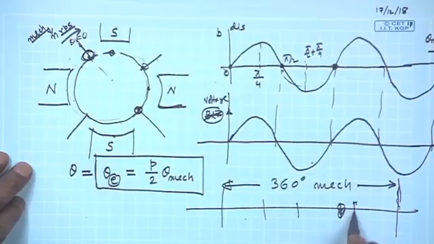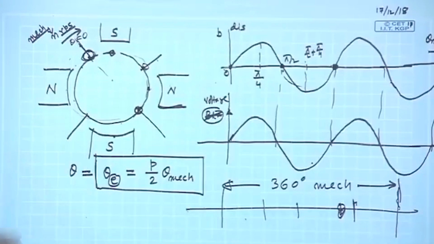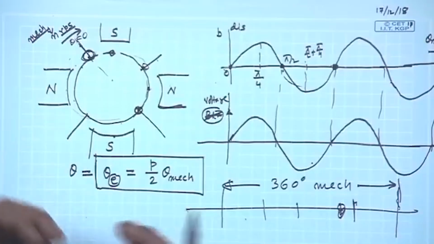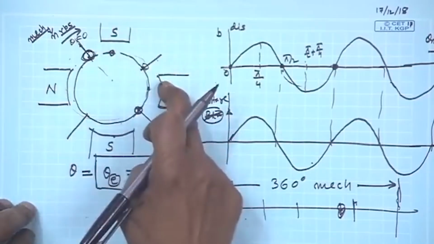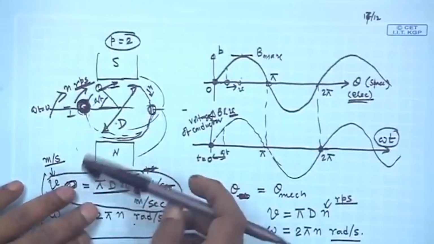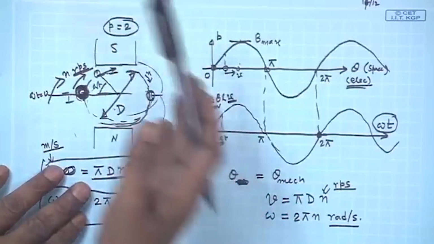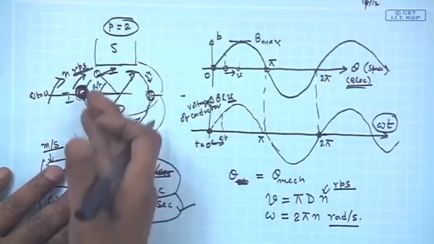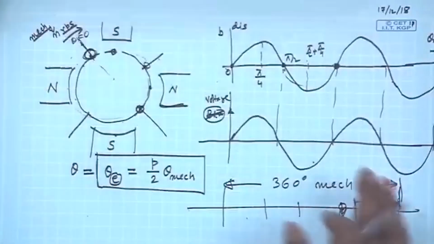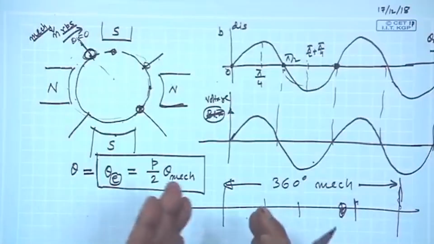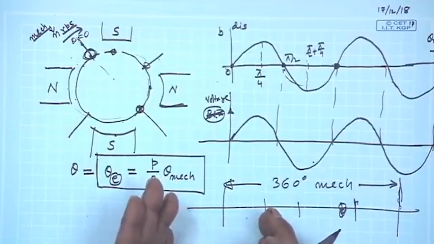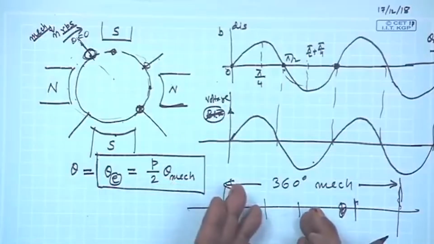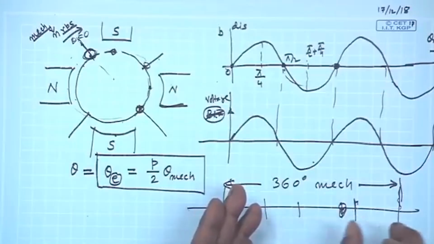So, one becomes north pole, south, north, south, like that. So, I have brought in another 2 poles, south, north. In 2 pole, it was not like that. Only 360 degrees mechanical, 180 was consumed by the south pole, another 180 degrees was used by the north pole. But here in 360 degrees, 90 degrees mechanical angle was under the influence of the south pole, next 90 degrees under the influence of the north pole, then another south pole, another north pole.